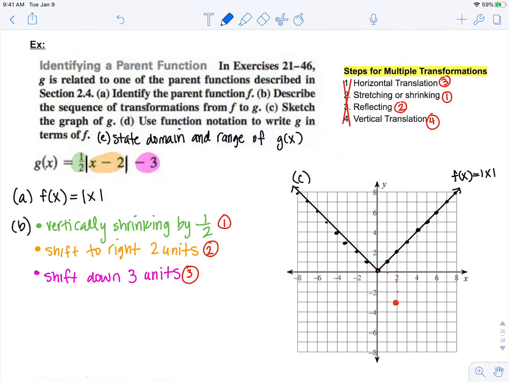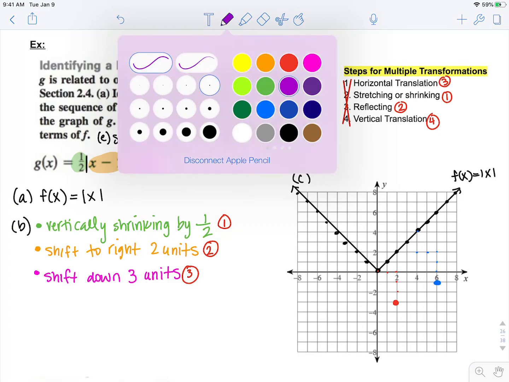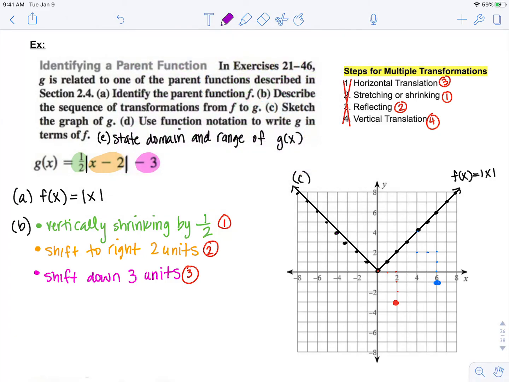Let's go ahead and pick this point here. Its height is 4. So if I shrink it by 1/2 vertically, it's going to go down to 2. And then I need to go right 2, down 1, 2, 3 here. Here on this side, I can do 4 as well.